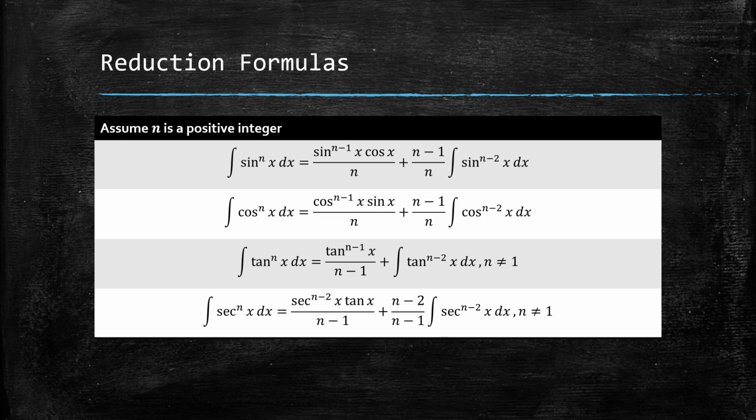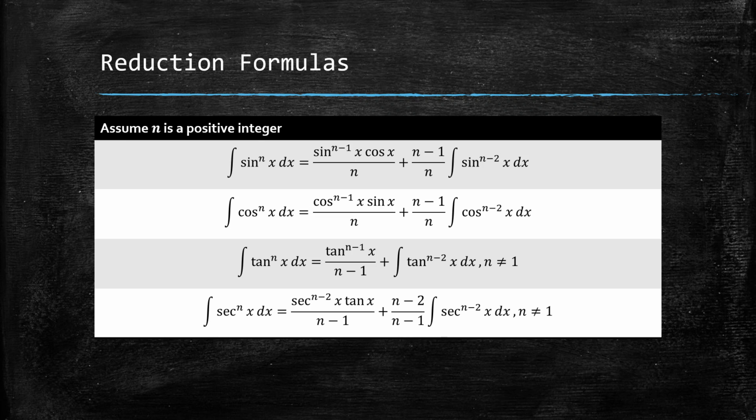Now for the powers of sine of x and cosine of x, I would really only use these reduction formulas for even powers. For the odd powers, I would use the Pythagorean identity and a simple u substitution.